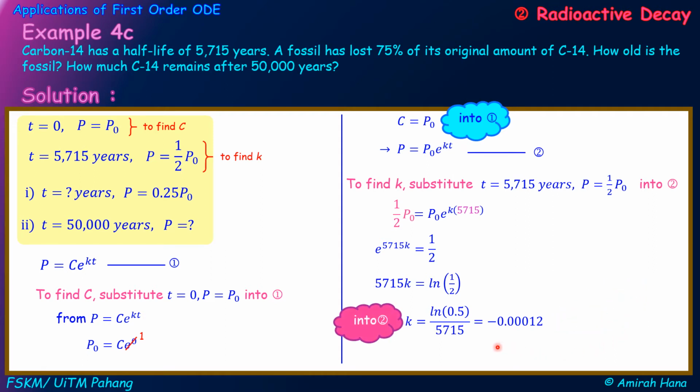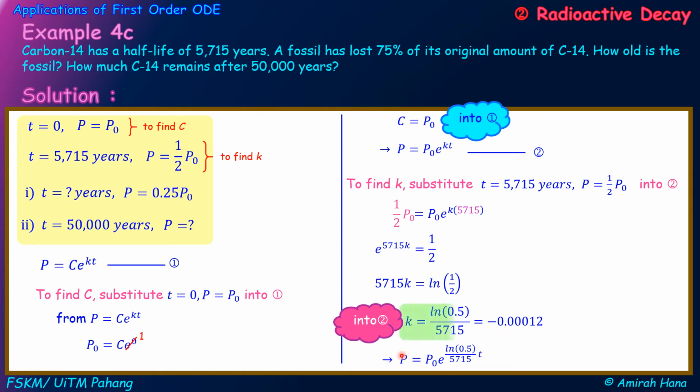So from here, we substitute the value of k into equation 2. After we substitute, we get this. We can substitute either this value or this value, but if we use this value, the answer is more accurate compared to this.